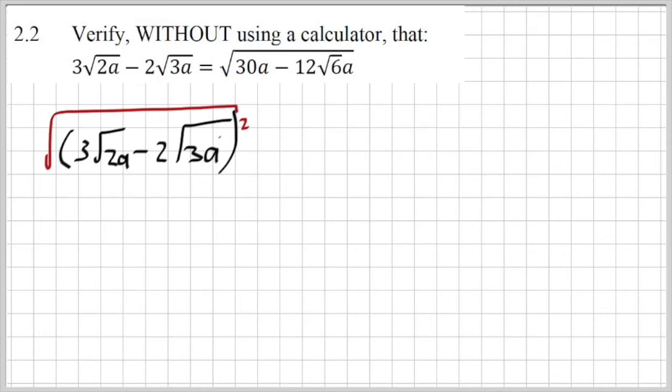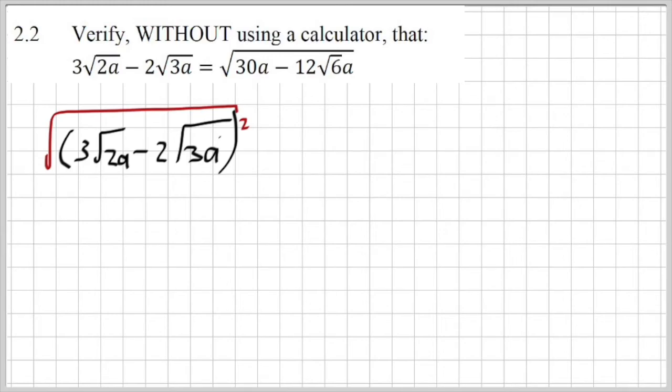So if I want to square root the left, I also have to square it so that I don't really change it. I manipulate it. I don't change the value, although I manipulate the left-hand side. So what I'm going to try and do now is square out inside the root.